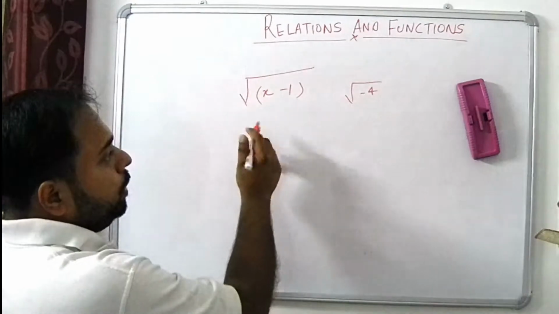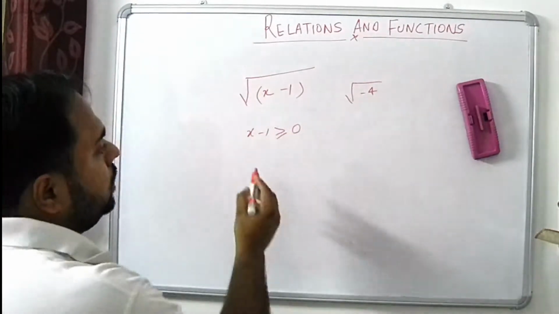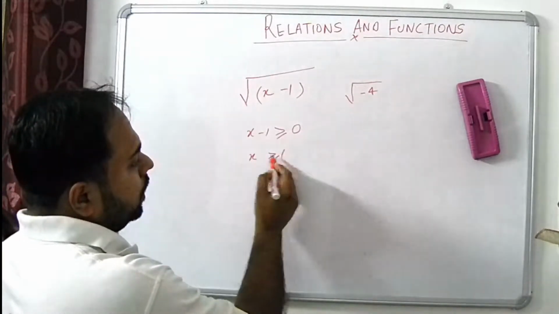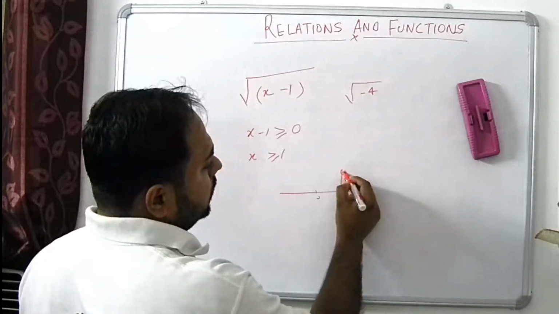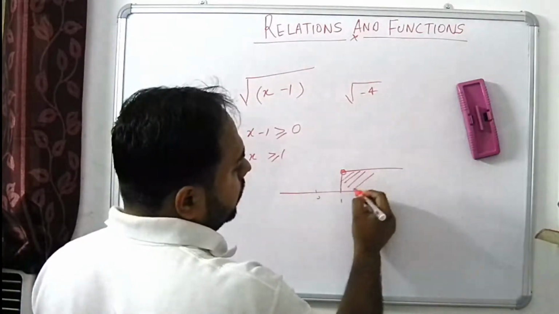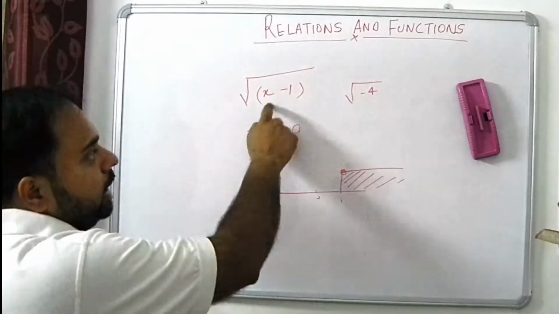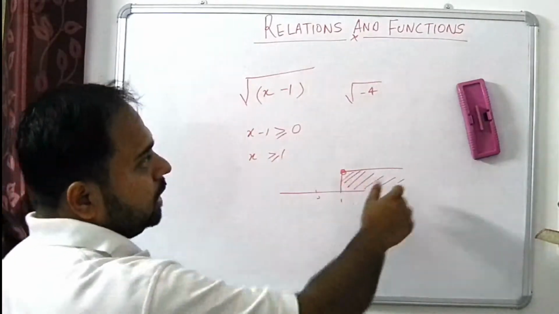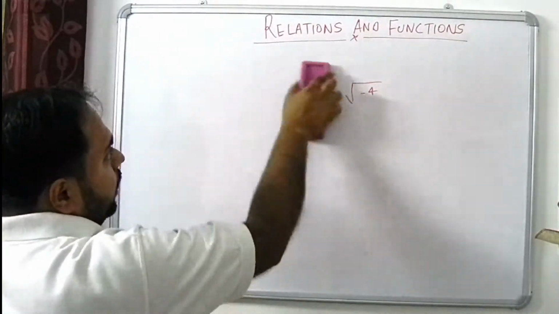So x minus 1 has to be greater than or equal to 0, because 0 is allowed. That means x is greater than or equal to 1. On the number line, this is 0, this is 1, so this entire region is the domain of the function. This function is not defined for any value less than 1. So this is another sort of problem you can solve for the domain.